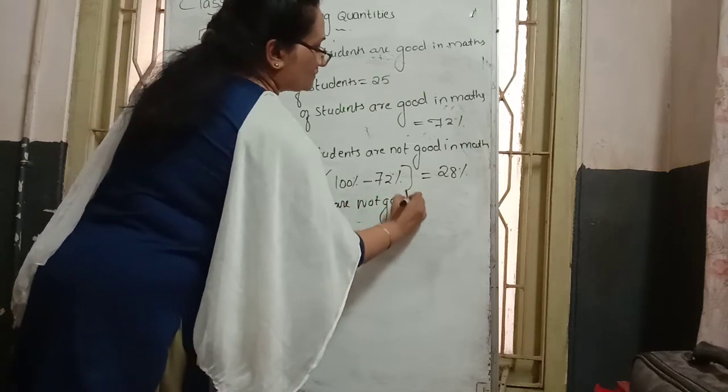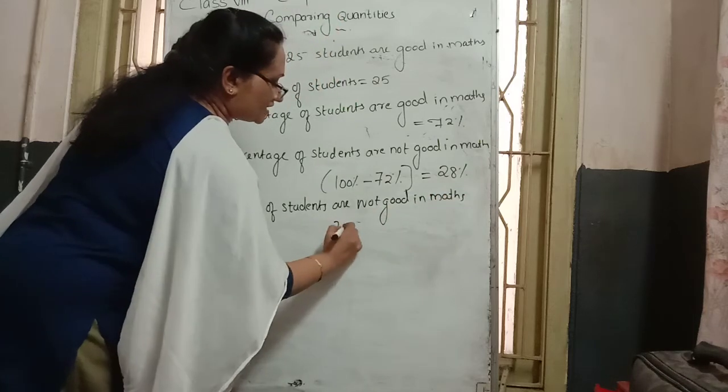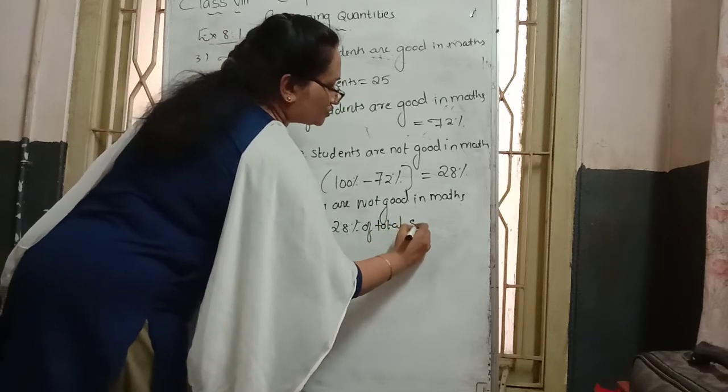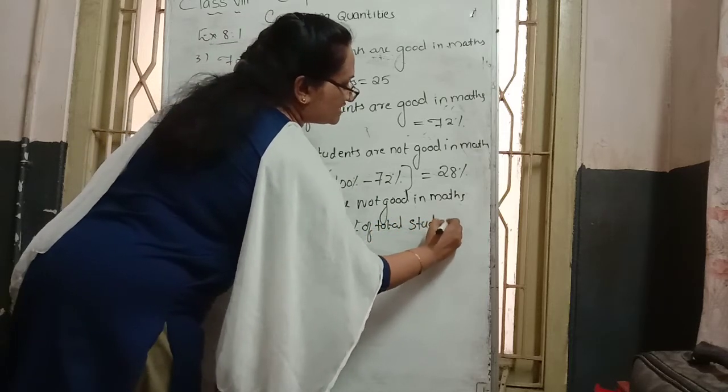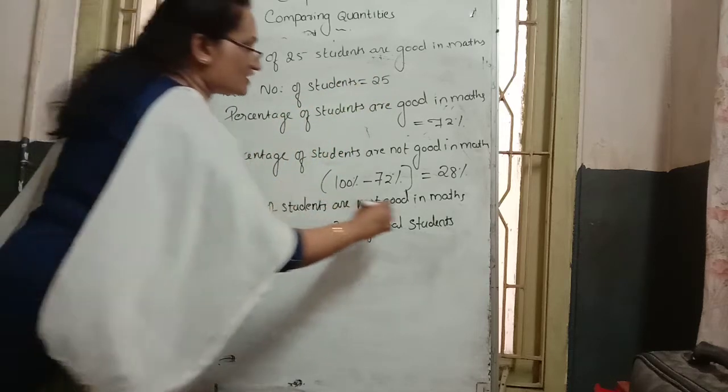We got it percentage wise, but they ask for the number of students. So the number of students not good in maths is 28% of the total students. The total number of students in that class is 25.